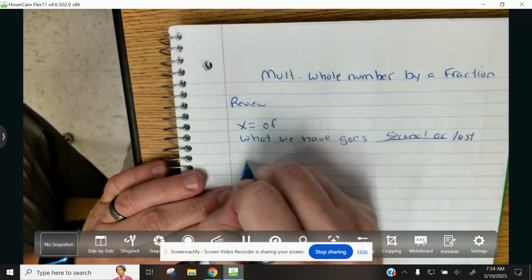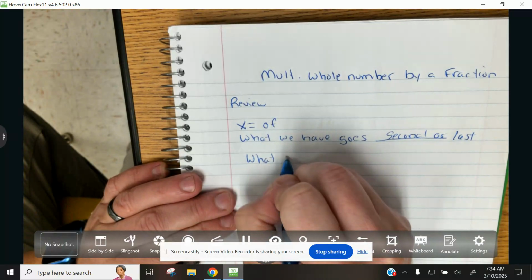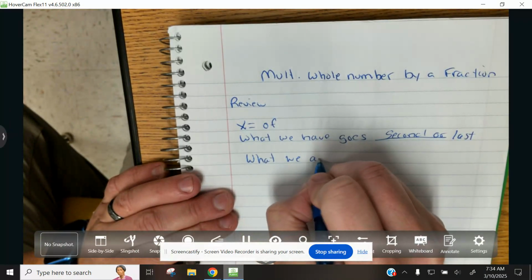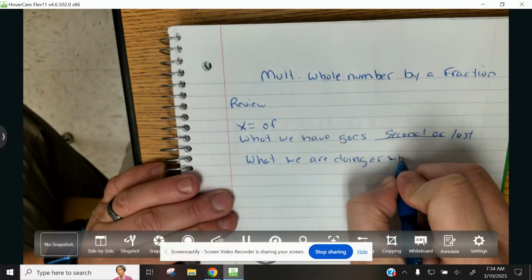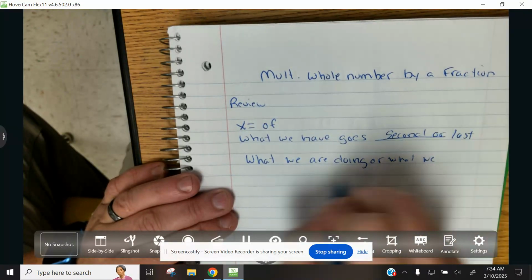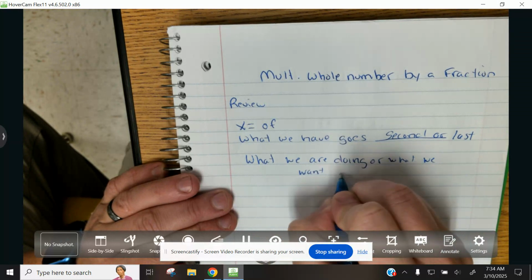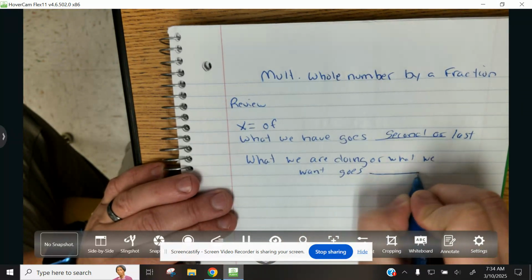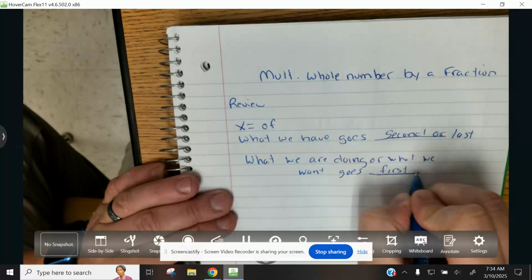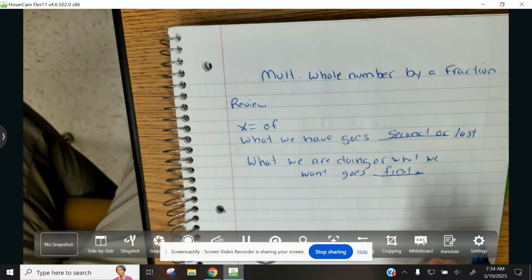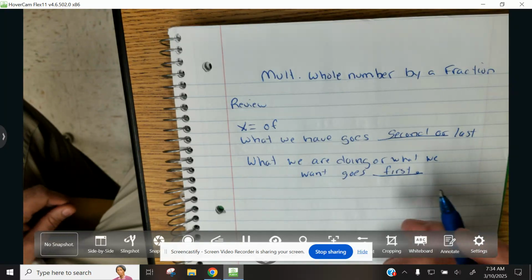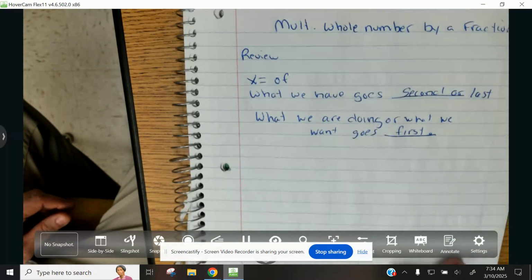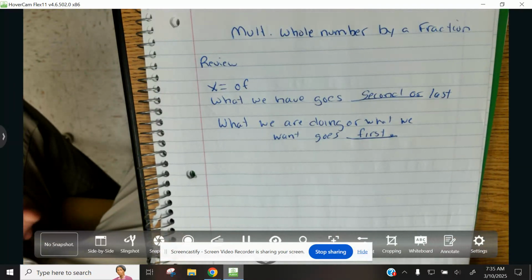And what we are doing, or what we want, goes first. Those are all things that we learned on Thursday and Friday into Monday. Those are going to help us understand what's going on.